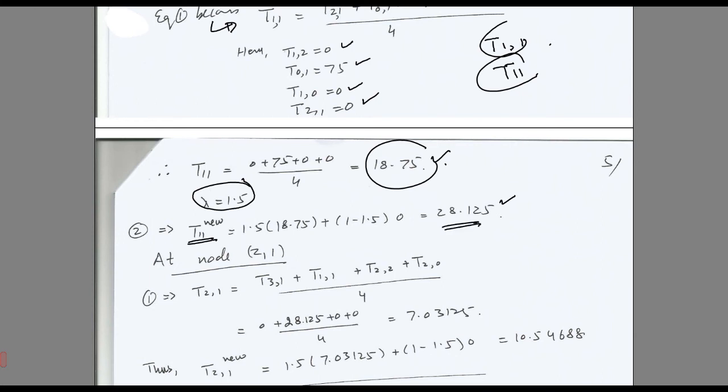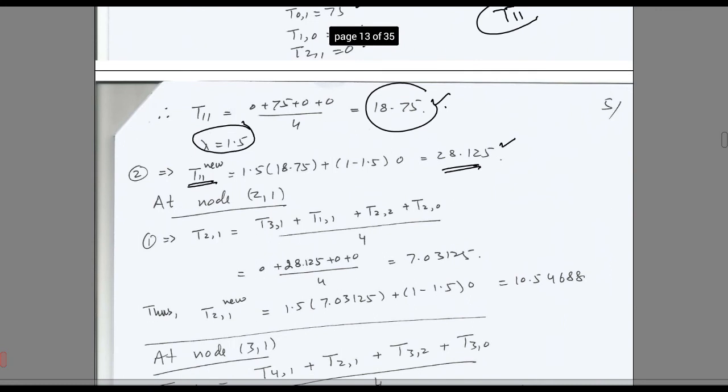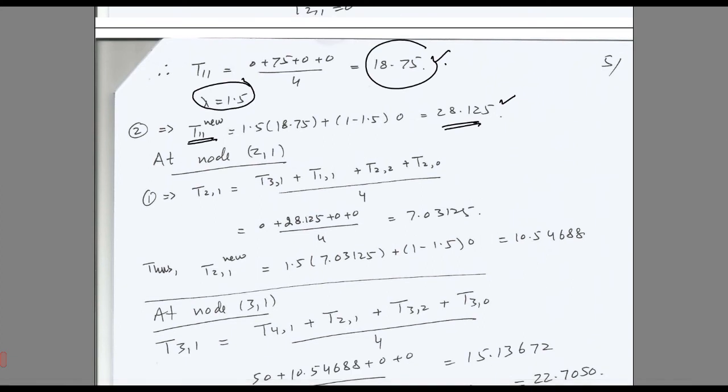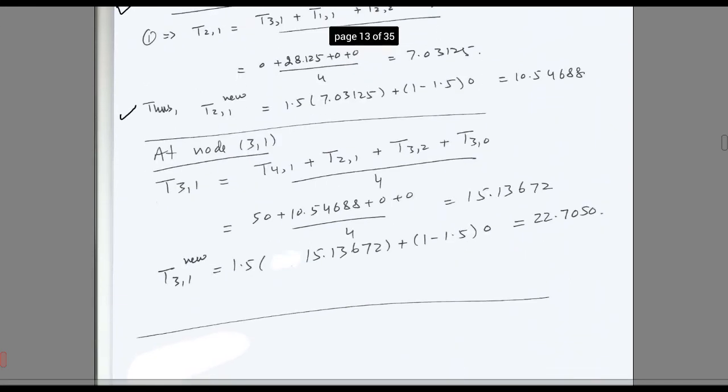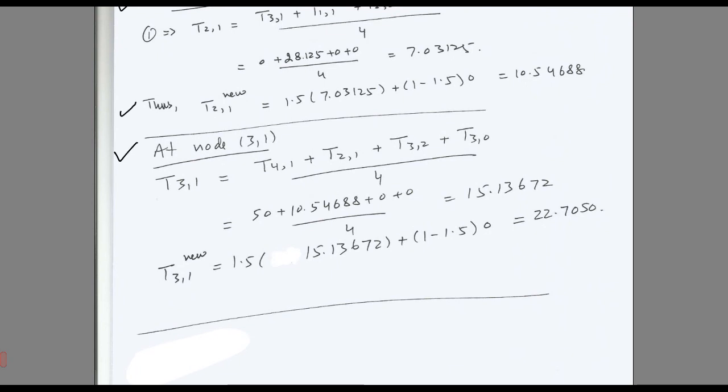So we will use 28.125 because it's not 18.75. This is the updated value. Similarly, we carry on for node 21, the relaxation operator is applied, and then node 31, updated value, this one, this was in the previous one, and so on.